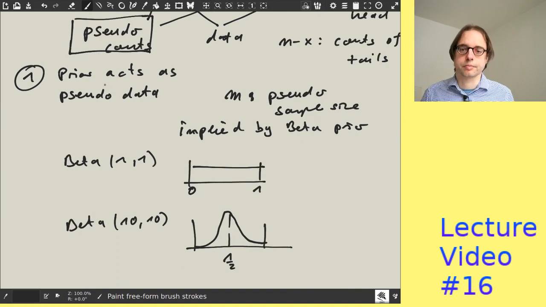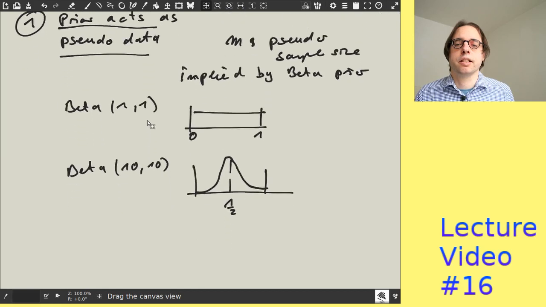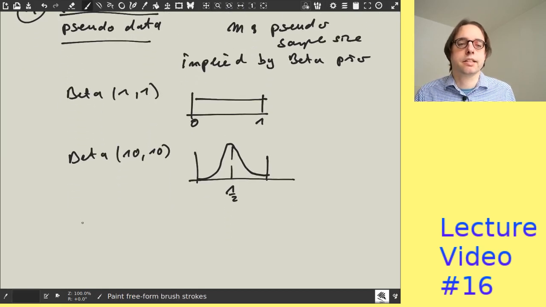That's also what you have to keep in mind. If you have a prior in the model, you're actually inventing data. And that's mostly a good thing, because we would like to find a method that works well if we don't have enough actual data.